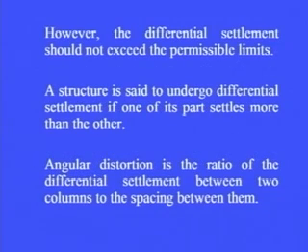However, the differential settlement should not exceed the permissible limits. A structure is said to undergo differential settlement if one of its parts settles more than the other. Angular distortion is the ratio of the differential settlement between two columns to the spacing between them.